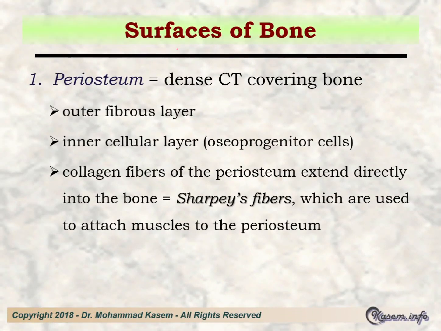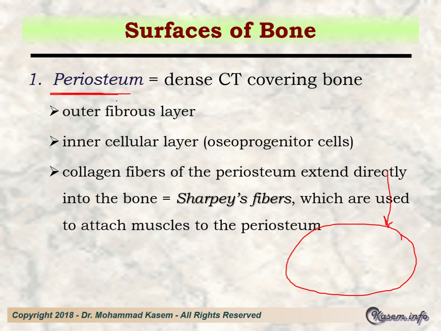And now let's talk about the surfaces of bones. On the outer side of a bone, generally speaking, the outer membrane is called the periosteum, similar to the perichondrium. Here we say osteum instead of chondrium.